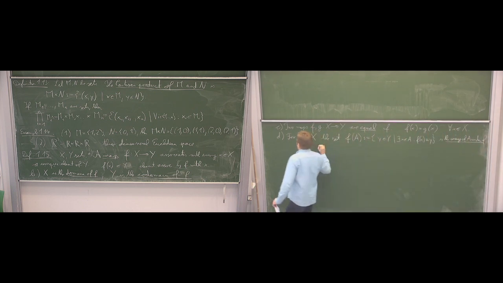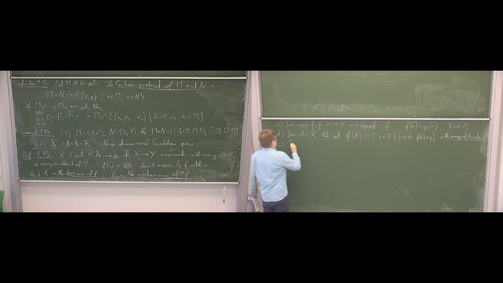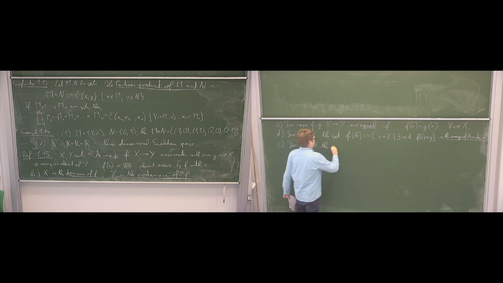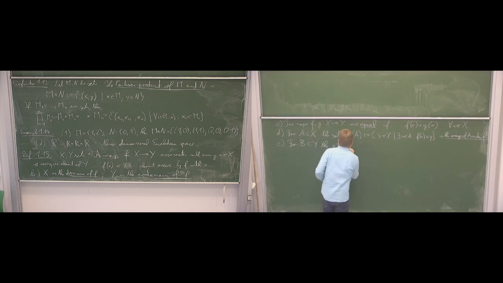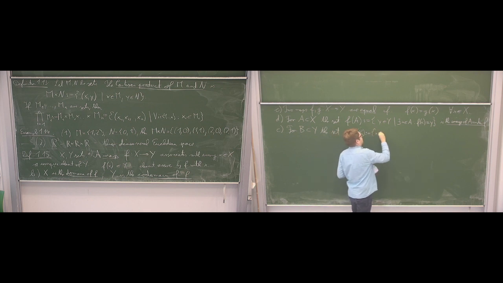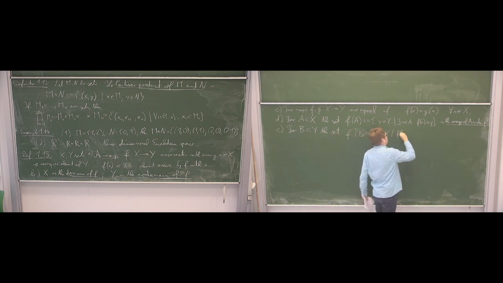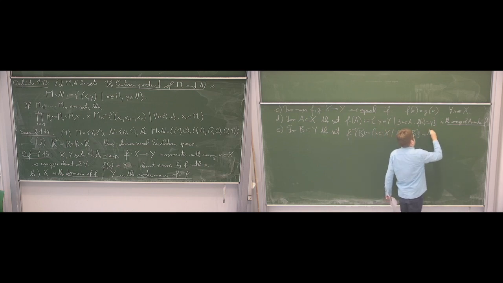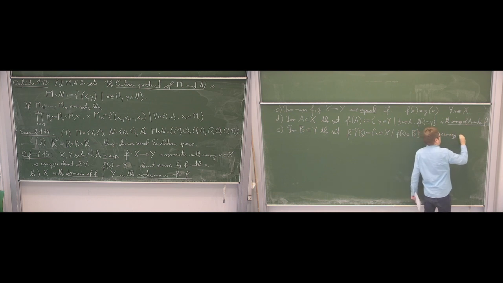Now we do a very similar construction. If we take a subset B of Y, then f to the minus 1 is the notation for this, of B. This is defined as the set of all x in X which are mapped to B. This is the pre-image of B under f.